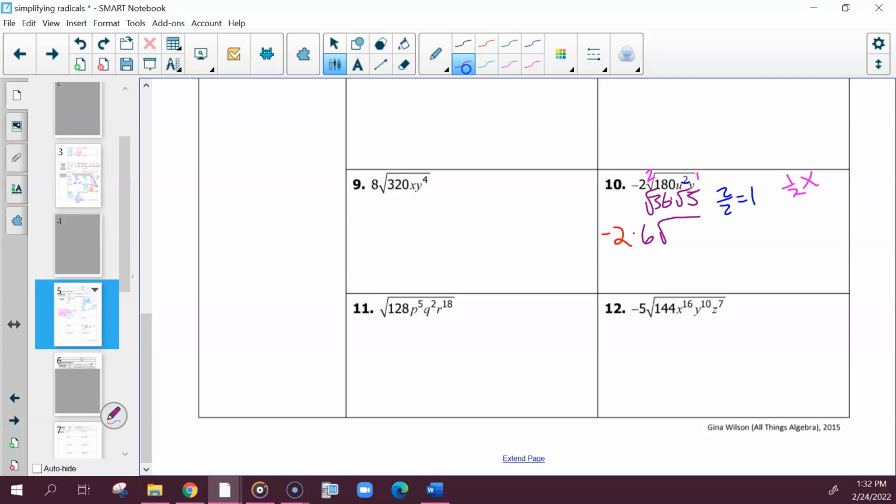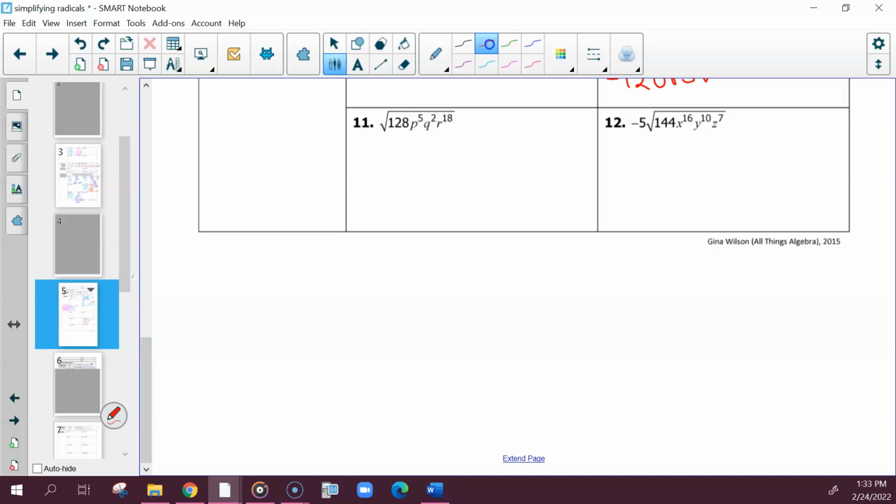On the inside of that, I have the 5. Let me space this out. Well, I'll write it as is and then we'll rearrange. We know there's going to be 1 u that comes out, and then there's going to be 1 square root of b that stays inside. So if I rearrange all of that, I have negative 12 u times the square root of 5b. It cannot be simplified anymore, and that would be our final answer.